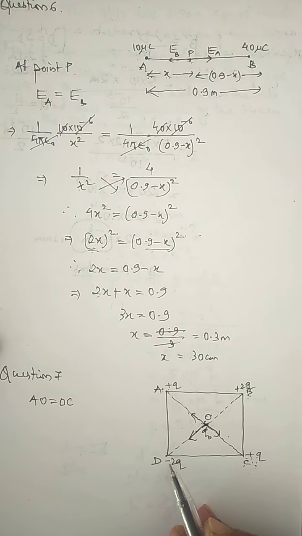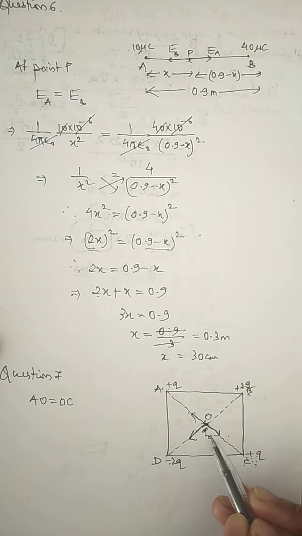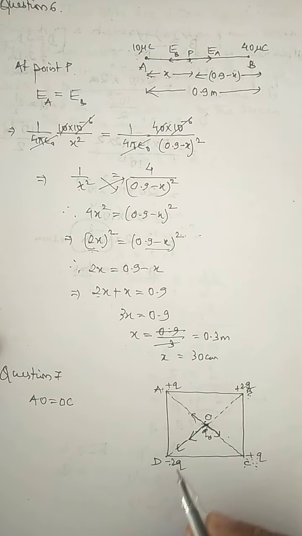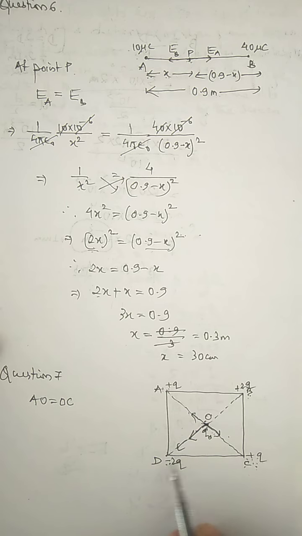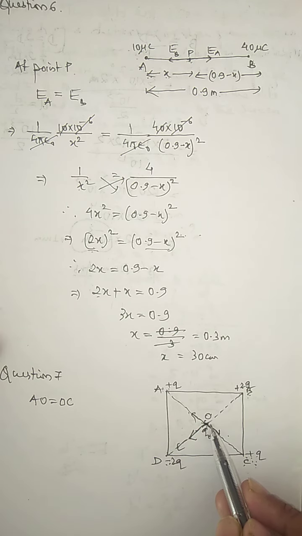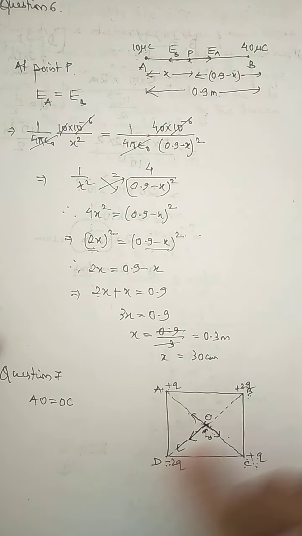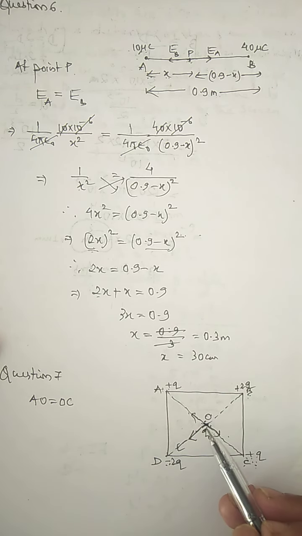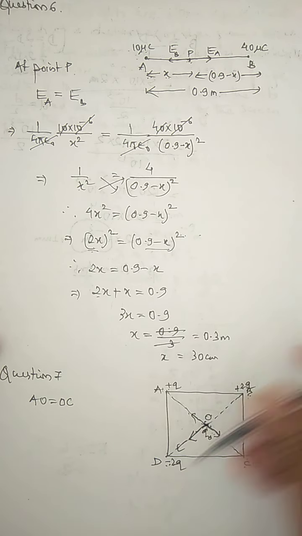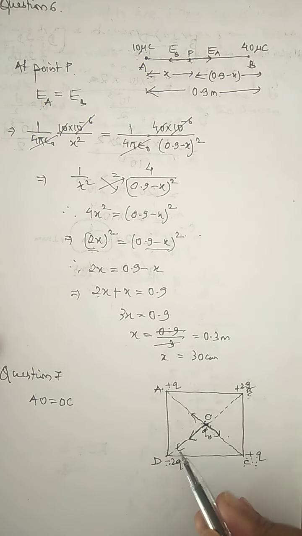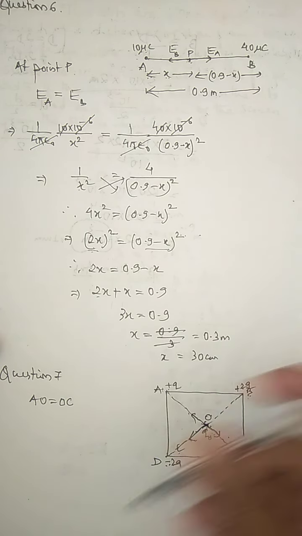Similarly, this charge minus 2Q is a negative charge and the test charge is positive. This charge exerts a force in this direction only, because between opposite charges attraction takes place. So this charge also exerts a force on the charge placed at O, and that is also in this direction only. So on this diagonal, the net force acting on O is along B to D. Because these 2 forces are in the same direction, the net force is also in the same direction.